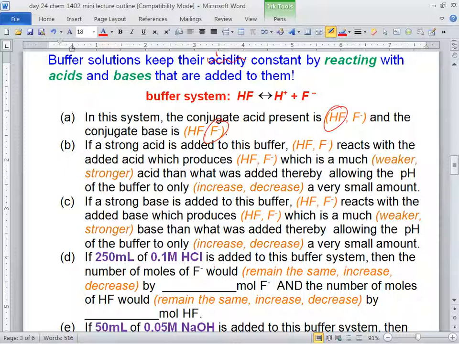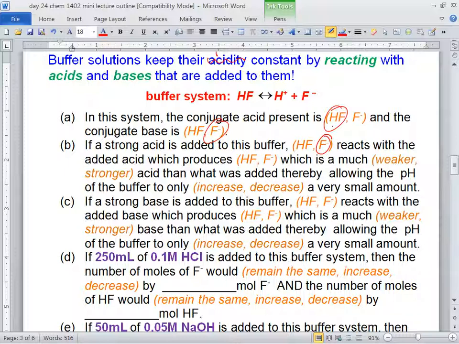Not another acid. Anybody help her? A base, right? If you add an acid, acids react with bases, bases react with acids. So we're going to add a strong acid, so that means a base has to react. What would that be, HF or F minus? That'd be F minus. So you add a strong acid, F minus reacts.